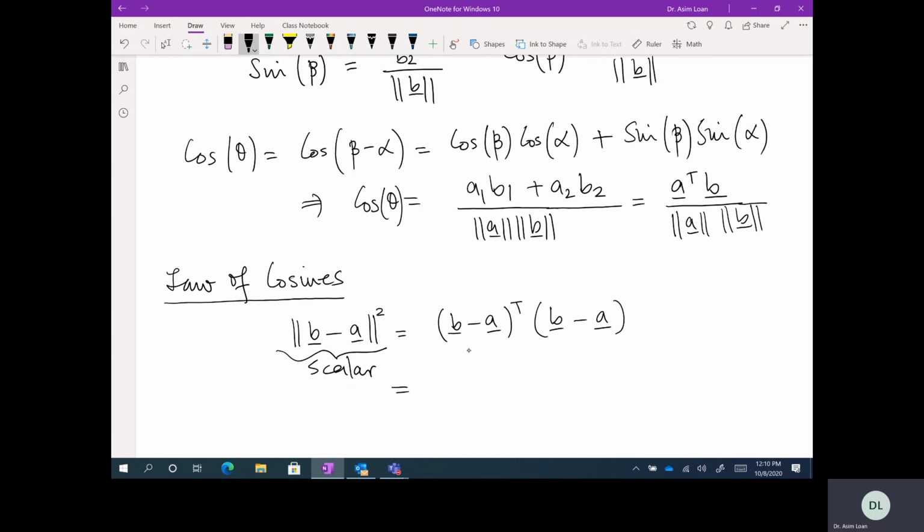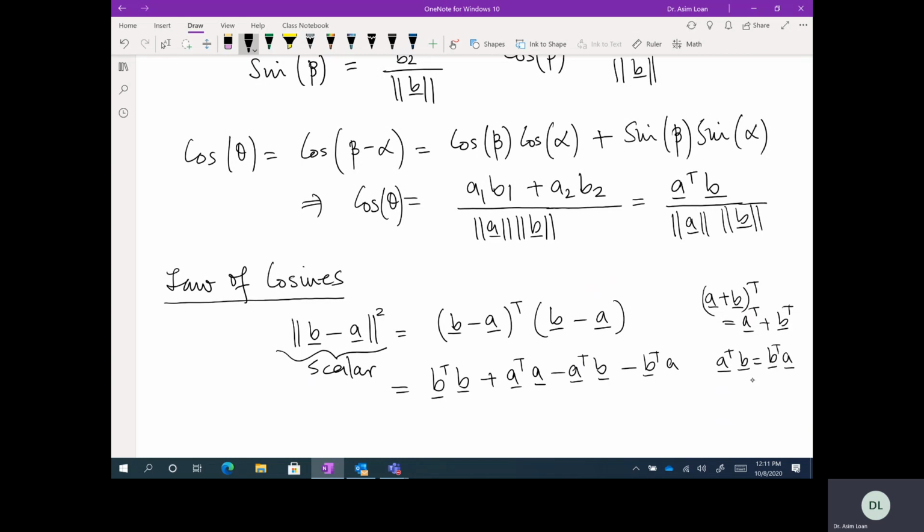If I expand this, the transpose of a sum is the sum of the transposes, and the order is not reversed. So this is b transpose into b plus a transpose into a minus a transpose into b minus b transpose into a.